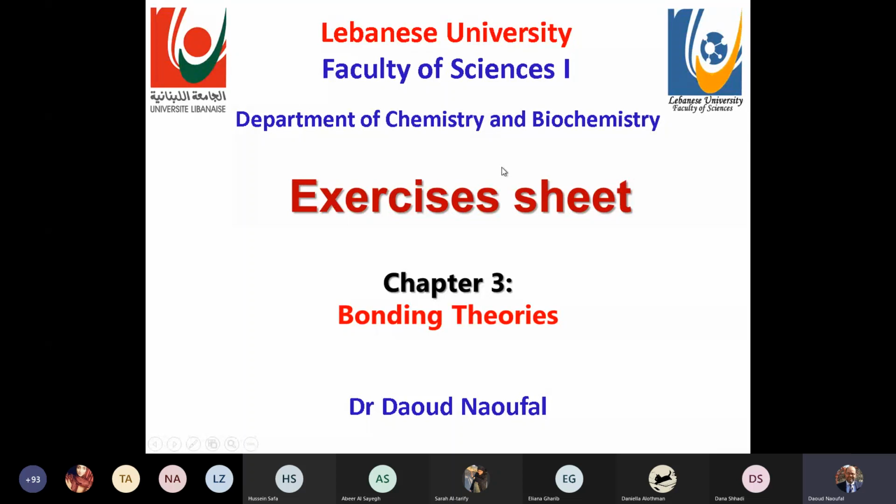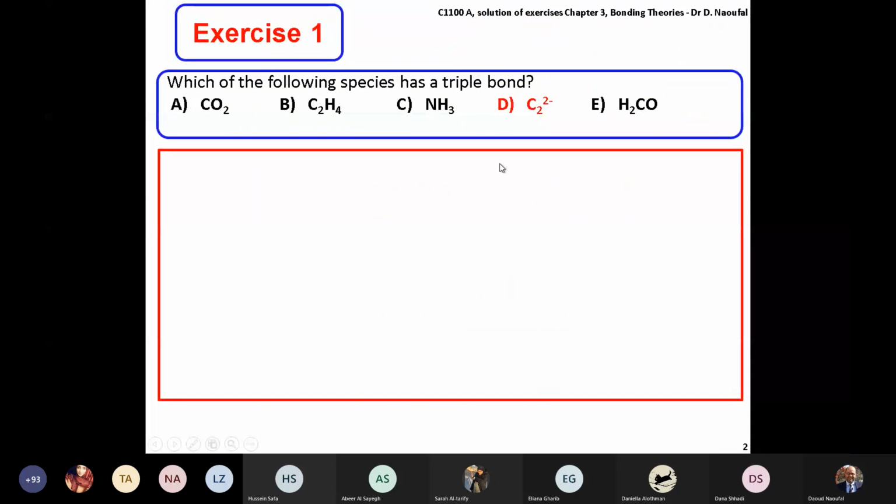The exercises of Chapter 3, the bonding theories. In these exercises, I will follow several methods to solve the exercise. At the beginning, I will use the classical method, for example, to find the geometry or to write the Lewis structure.